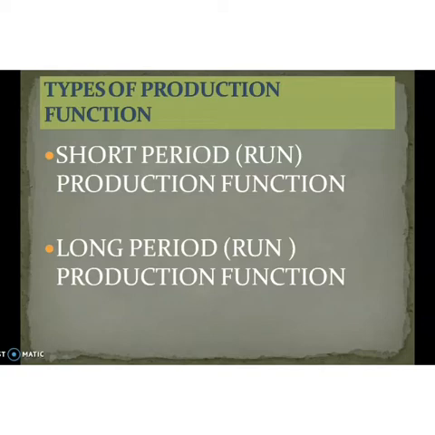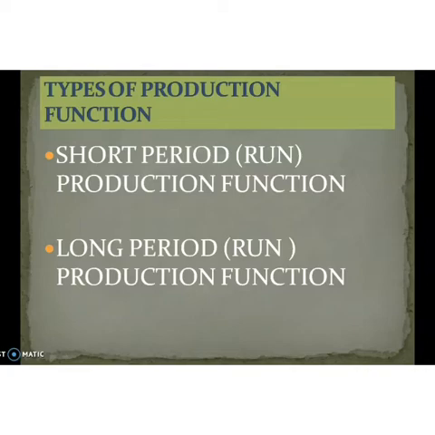In the previous class we discussed the different time dimensions of production, the very short period and long period. So short period production function is otherwise known as short run production function, and long period production function is otherwise known as long run production function.